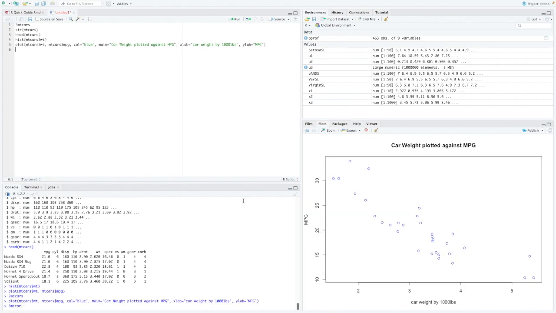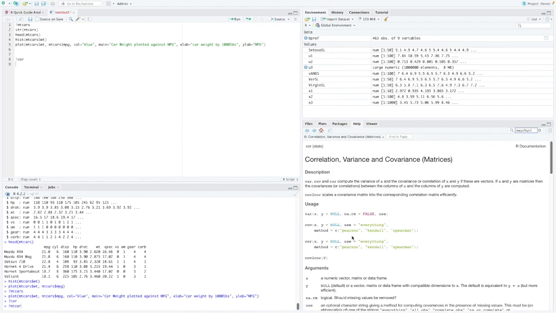And what I want to do is add the line of best fit. In order for that, I'm going to need to make a linear model. But before we do that, let's talk about cor. Cor computes the variance, the correlation of these matrices.